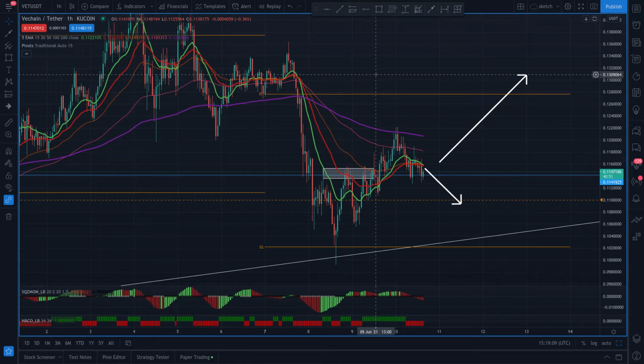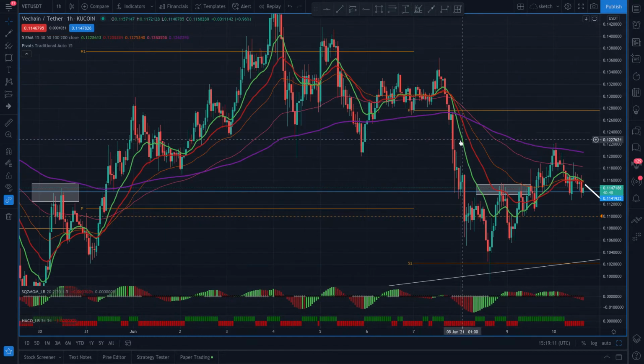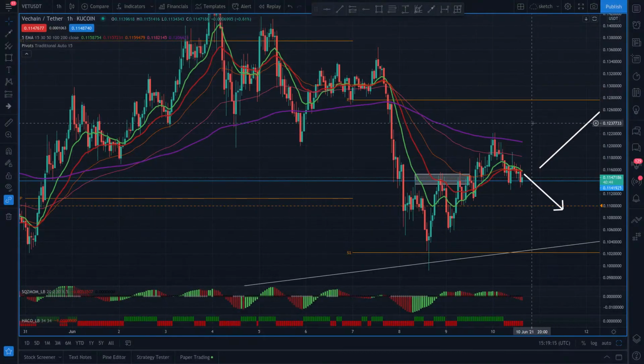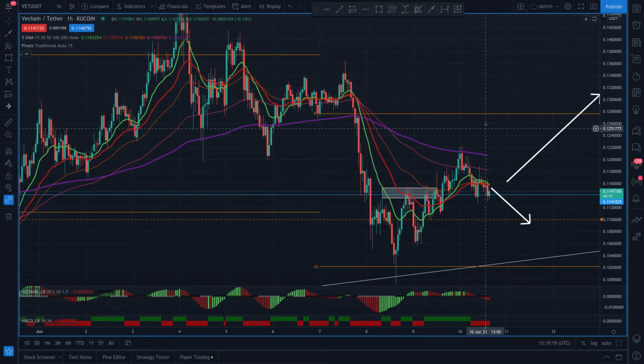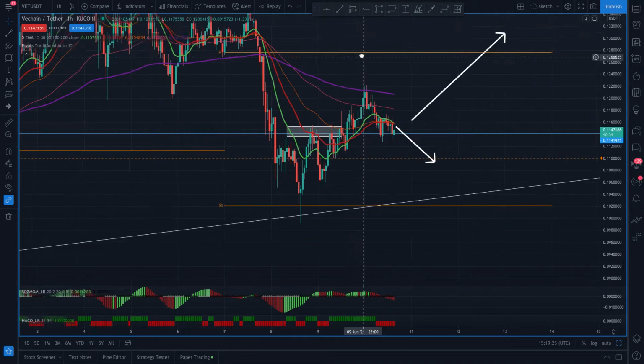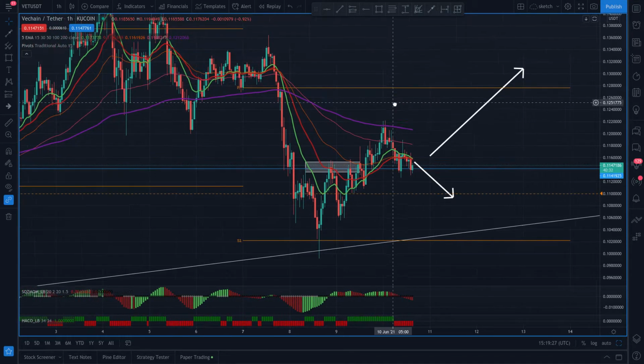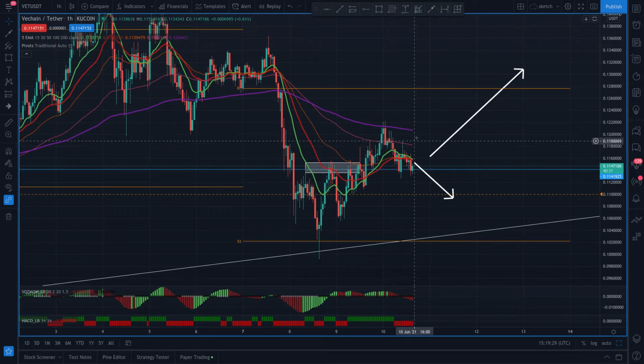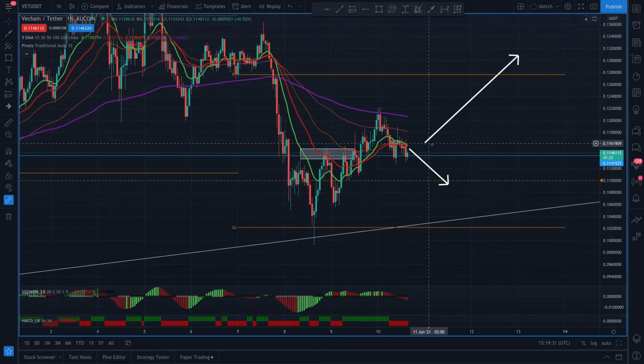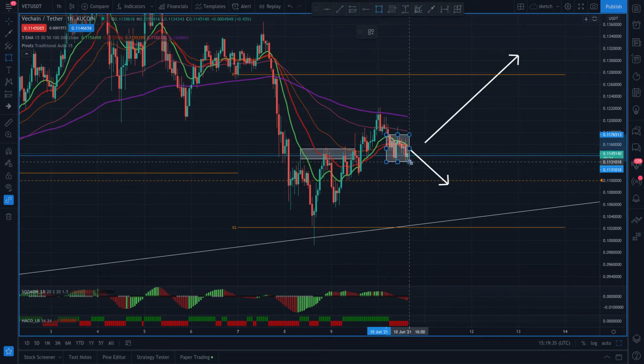So now we are in the 1 hour time frame, hourly time frame. Rebounding off the 200 EMA. Okay. Short ranging pattern here.